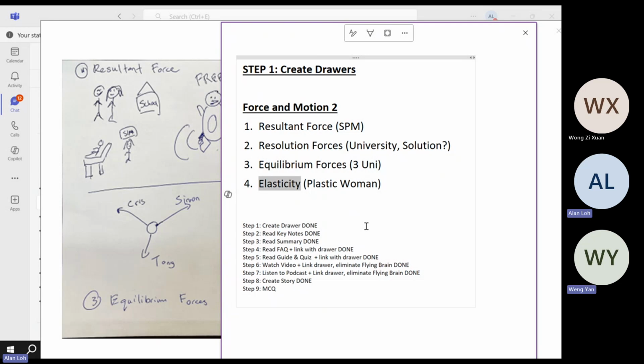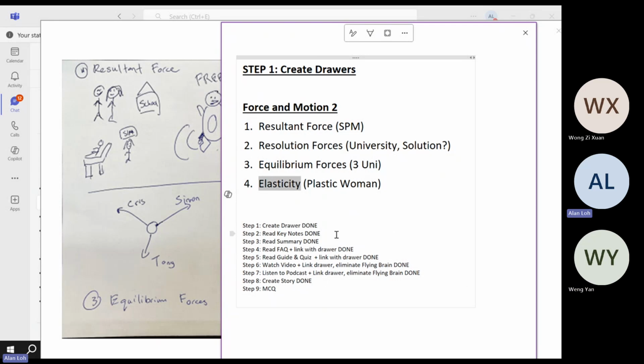Equal, like 平衡, 平衡, 对了, equal, right? If all forces pull you at the same magnitude, the same type of force, then you'll be in equilibrium. You don't move. And then elasticity. Elasticity is clear. Like plastic, it can be elastic, like a spring, the rubber band.